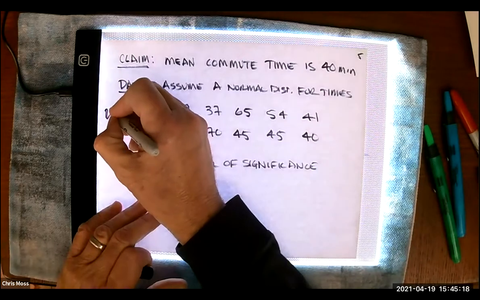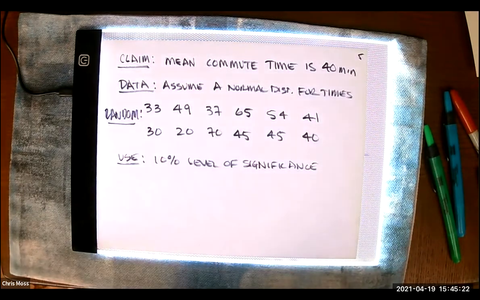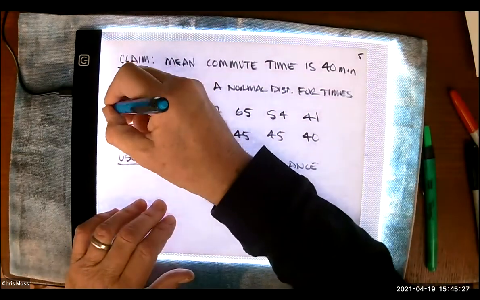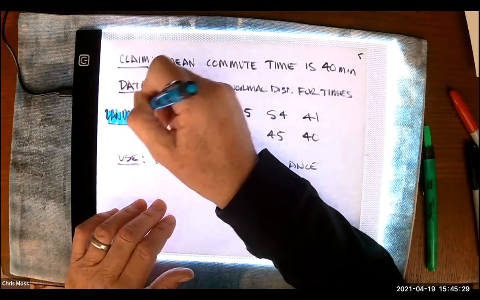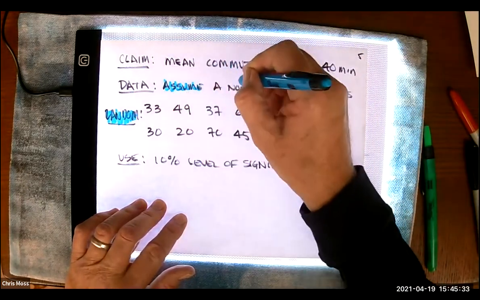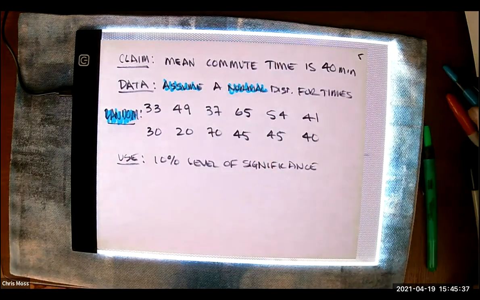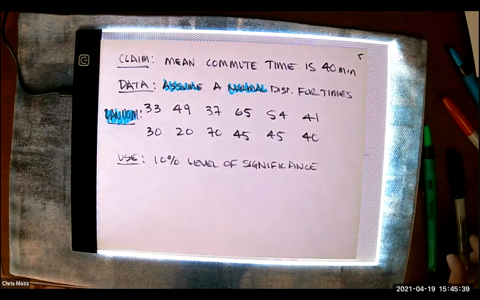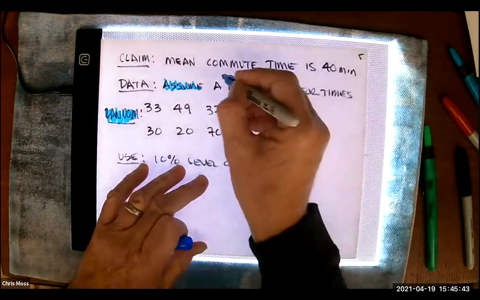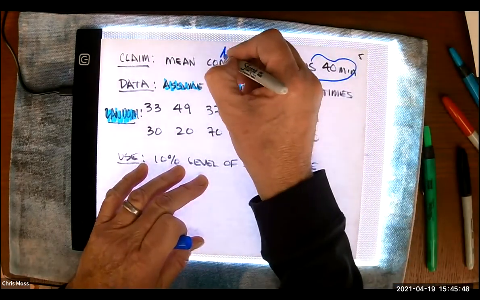So this should say random sample. Because it is random, and because we're going to assume a normal distribution, that enables us to go ahead and conduct the test with some confidence. All right. Mean commute time is equal to 40 minutes.